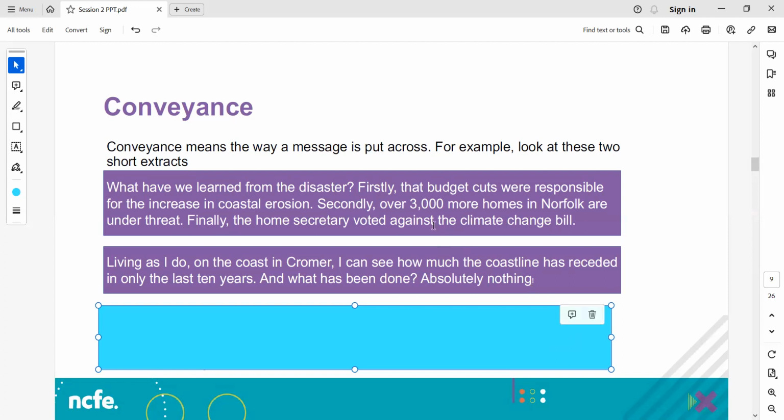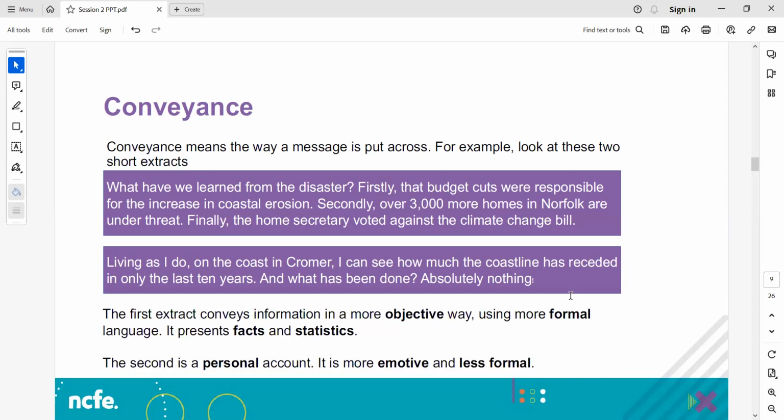Excellent. So the first one's got verifiable information. We could go and check that, couldn't we? Over 3,000 more homes. It looks to be a fact, but you could go and check it. Okay, well done. So the first extract conveys the information in a more objective way.